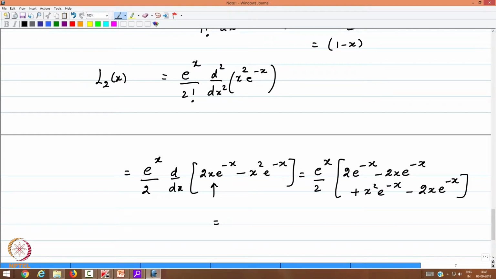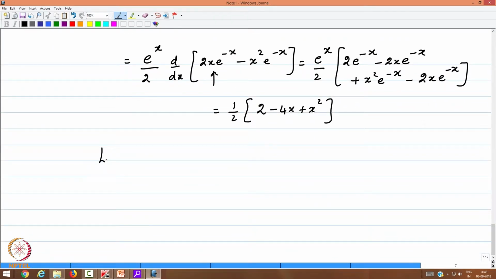There is a minus 2x here, so it is minus 4x, and there is a 2 and an x squared. So what you have is 1 by 2, the exponentials e^x and e^(-x) cancel out, and there is 2 minus 4x plus x squared. This is L2.